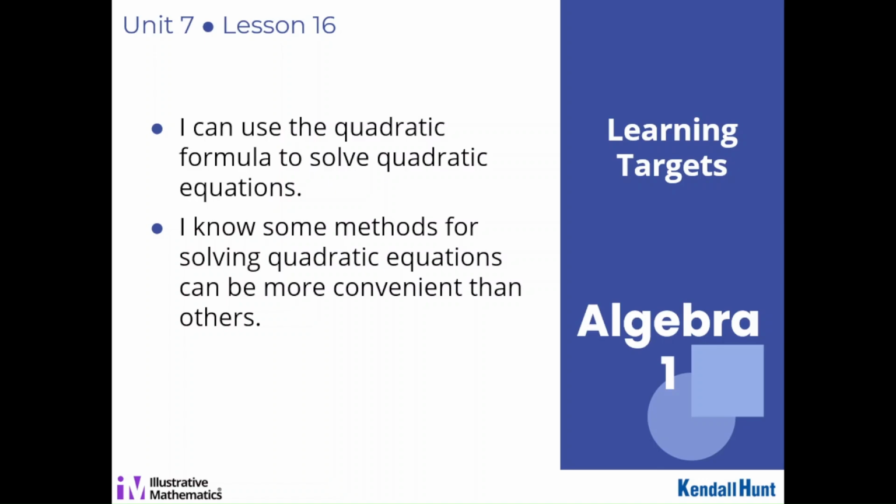If you have a graphing calculator available, and if you're allowed to use it, by all means, type in the equation set equal to 0, let it draw the graph for you, and then understand that your solutions are the x-intercepts.